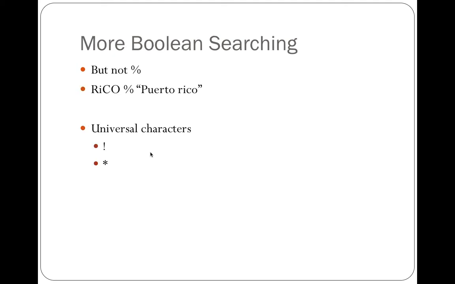Okay, other connectors, but not. It's expressed as this percentage sign. So this should be all caps. But if say I did RICO, percentage sign, Puerto Rico. Okay, so this is going to give me racketeering cases, the racketeering statute, but not cases or documents where the province of Puerto Rico appears.